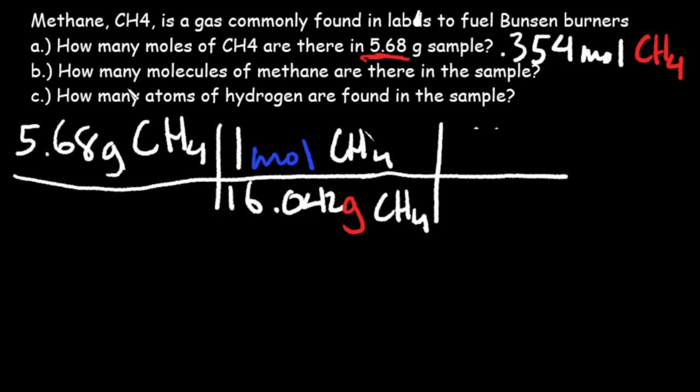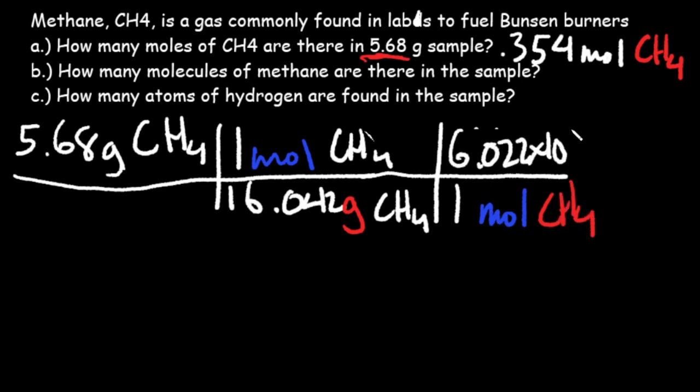Now we can continue this equation for letter B. How many molecules of methane are there in the sample? We already have how many moles there are. So 1 mole of CH4 has 6.022 times 10 to the 23 molecules of CH4.